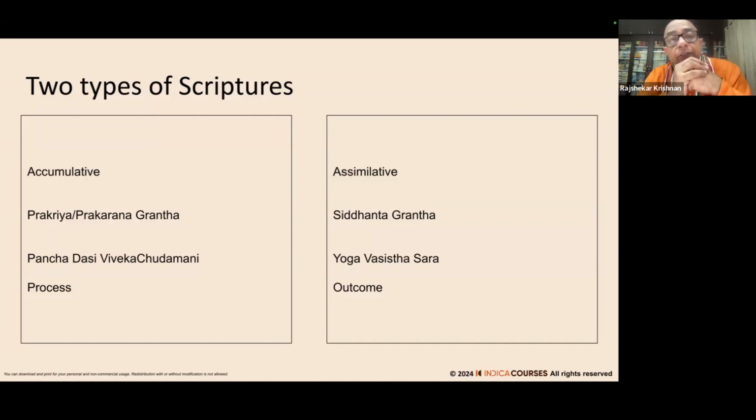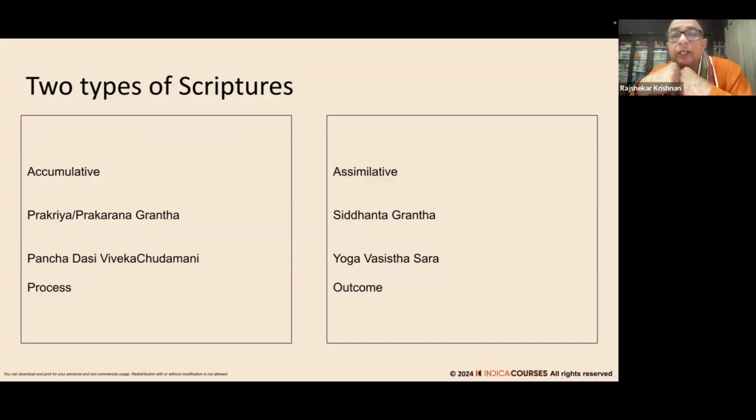The second category of scriptures, which is on the right side, is called assimilative, in the sense that each shloka, while obviously it's not a random collection of shlokas, they're all bunched together, also has a standalone significance, and they are what are called Siddhanta Granthas. They are the outcomes of the process. What is my realization? What is the learning?